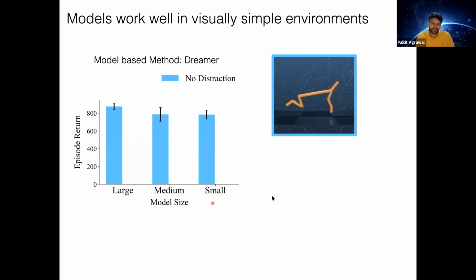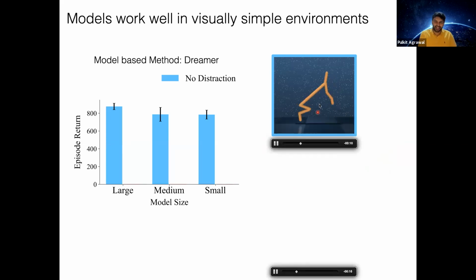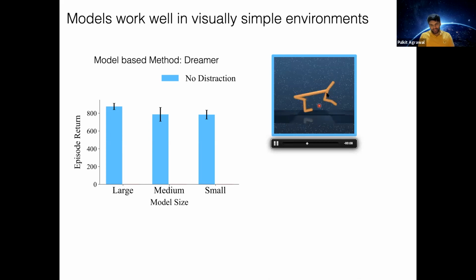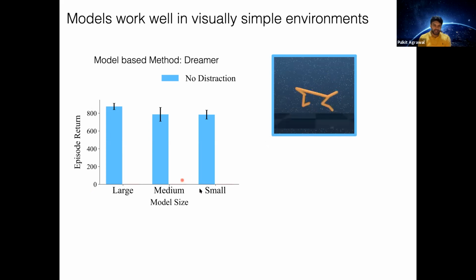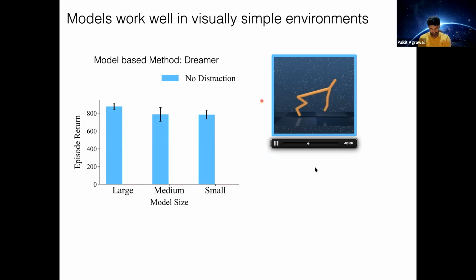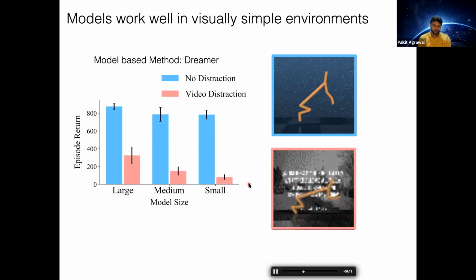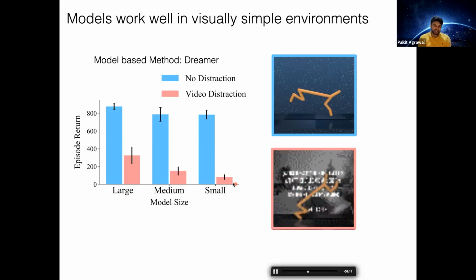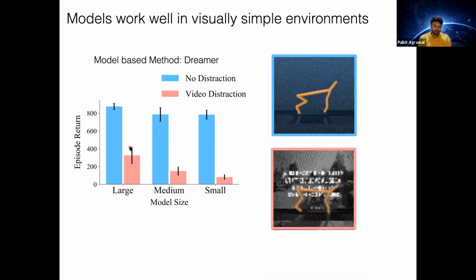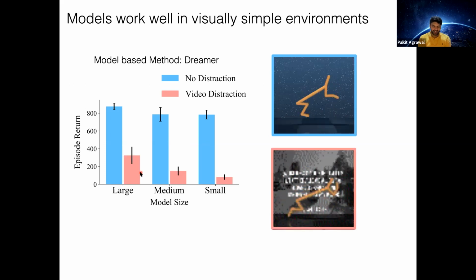Now, let's look at the example that Dreamer was working on. So Dreamer was working on this agent moving forward, and we can compute the return of this agent across a bunch of different model sizes: small, medium, and large models. But let's make this background somewhat complicated. Let's have these distractors also. What you now see is that the performance, first of all, is much worse. Now, why is that?